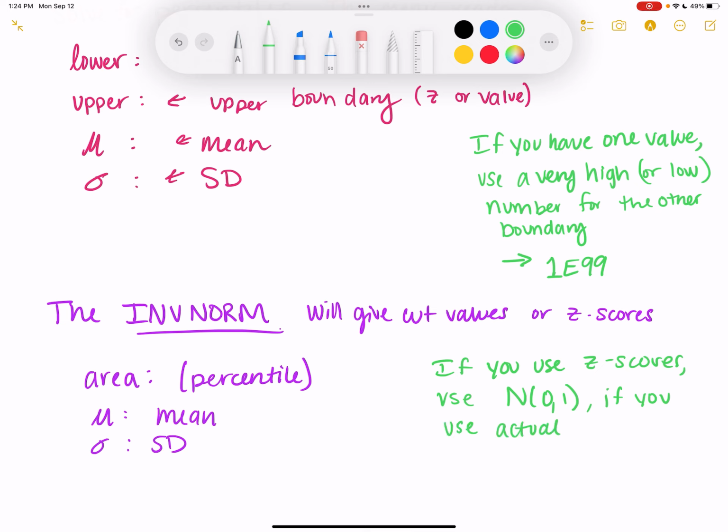Some of the problems are going to give you actual data and some are not, and if they don't, then you're going to use z-scores. Then the mean and standard deviation of the data will be mu and sigma, and they may still write it as that when they give it to you.